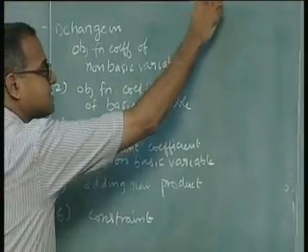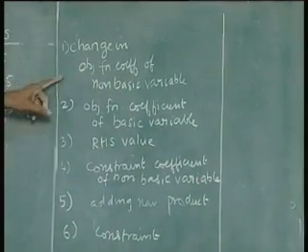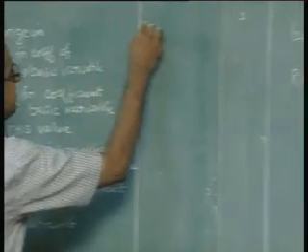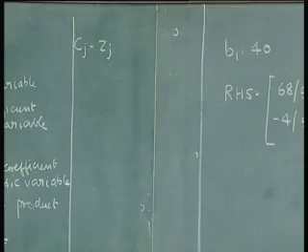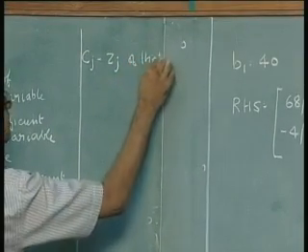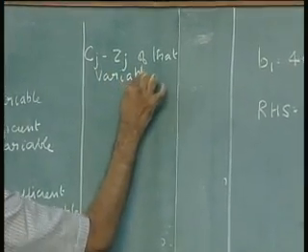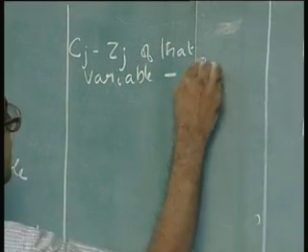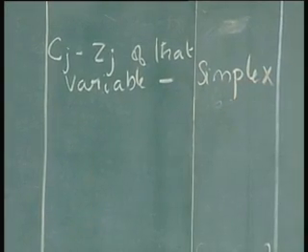We have seen 6 aspects of it. So if there is a change in the objective function coefficient of a non-basic variable, that gets reflected in Cj minus Zj value of that variable, and the only thing that could happen is that variable could enter the basis. So we looked at simplex iterations till we reach the optimum.